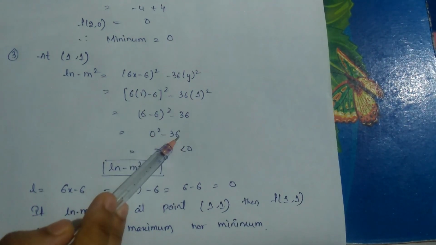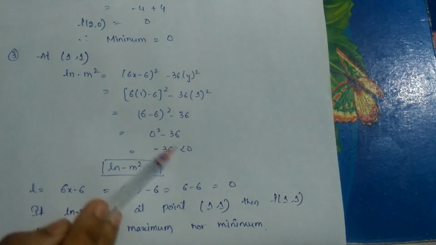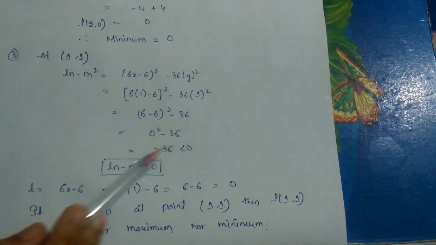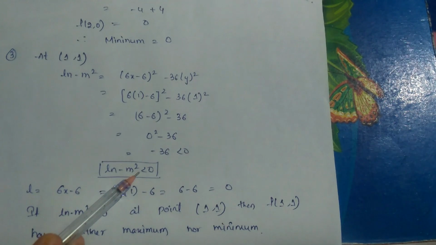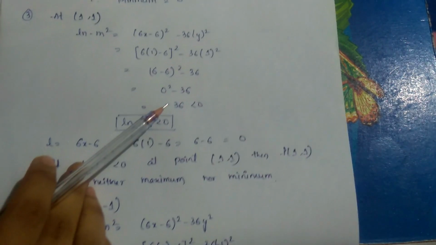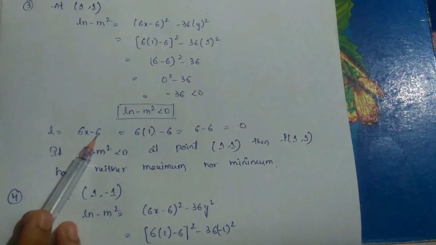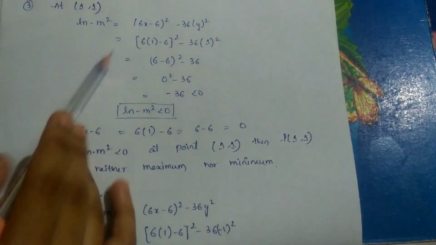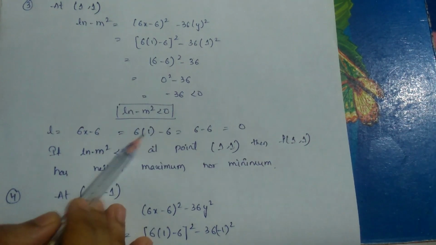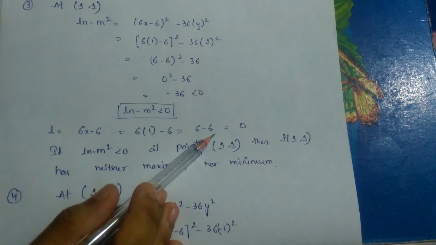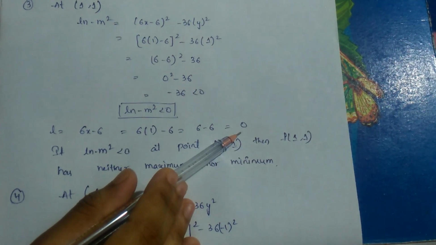So 0 square minus 36, that is minus 36. This is a negative value which is less than 0. So ln minus m square is less than 0. Now 6x minus 6 is equal to, substituting the x value, 6 of 1 minus 6, that equals 6 minus 6, which is 0.